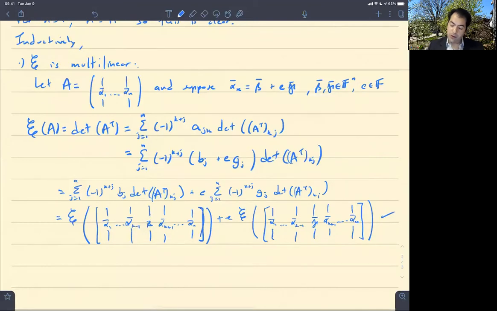Right, which is exactly what we wanted to show to get multilinearity.